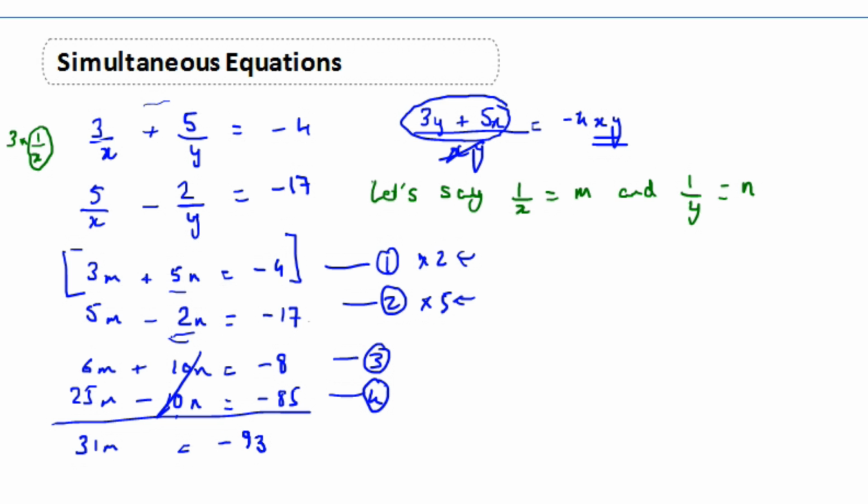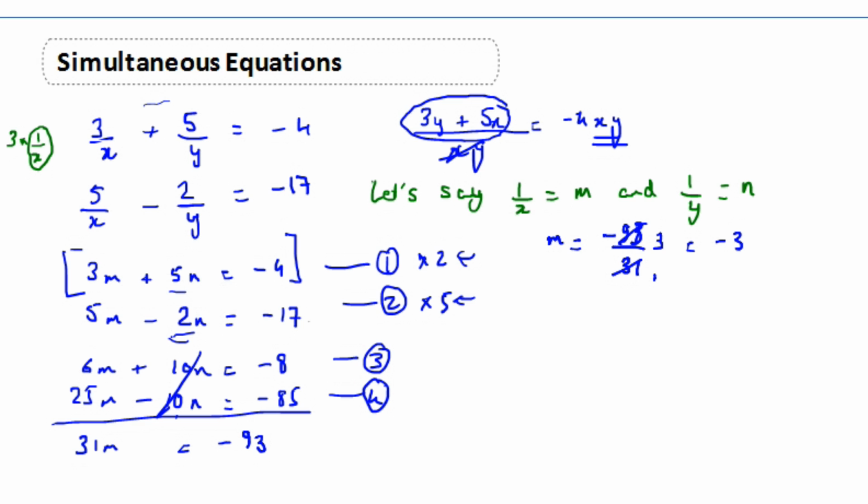And when I try to find the value of m, we divide both sides by 31. So 31m divided by 31 we get m, and negative 93 divided by 31, 31 goes into 93 3 times, so it becomes negative 3.